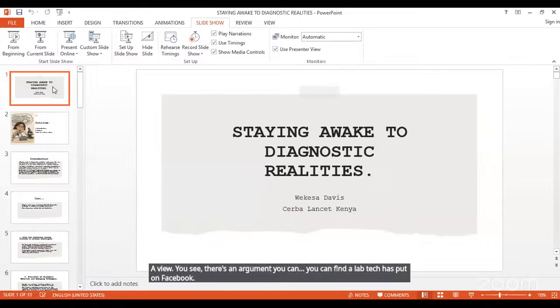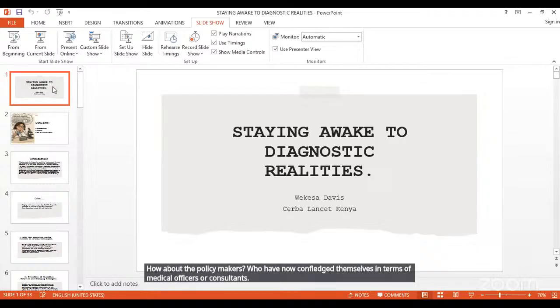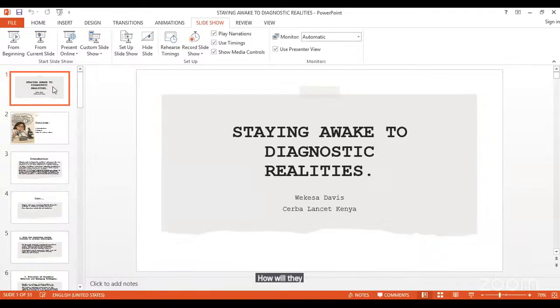If I'm a lab officer and I have issues with this statement, how about the policymakers who have now conflagged themselves in terms of medical officers or consultants? How will they think of this profession when they see a lab tech has put such a comment?